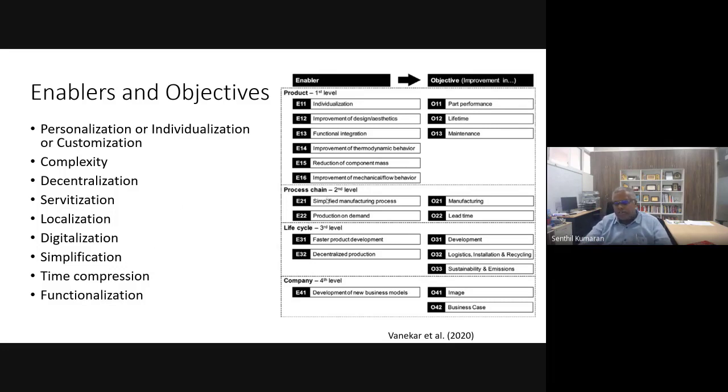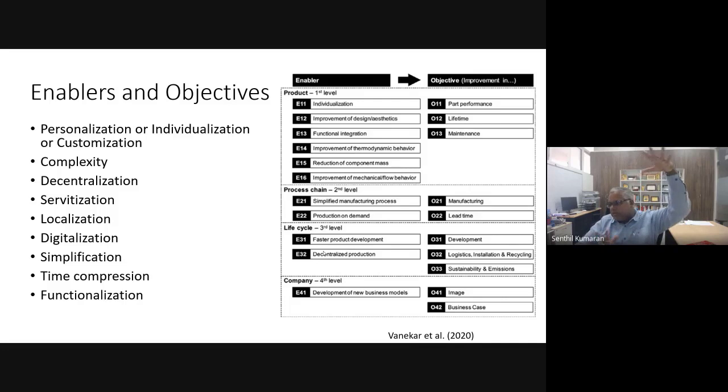It comes under the process chain. You see here, this particular author, Vanikar, I would like to go with Vanikar because it sounds more Tamil. Here he has given multiple levels: at the product level, then the process level, and then the life cycle.